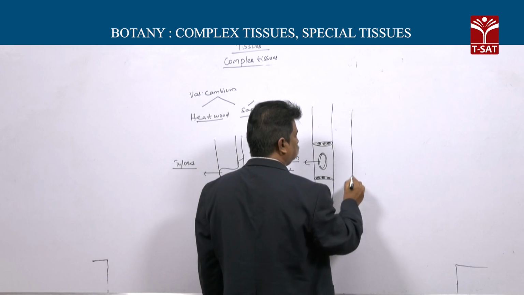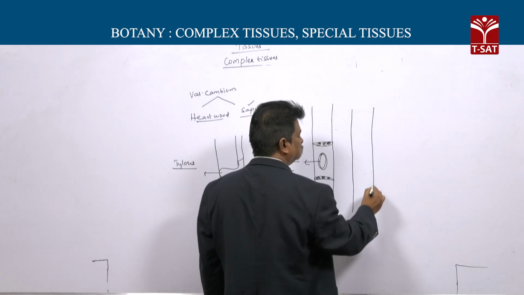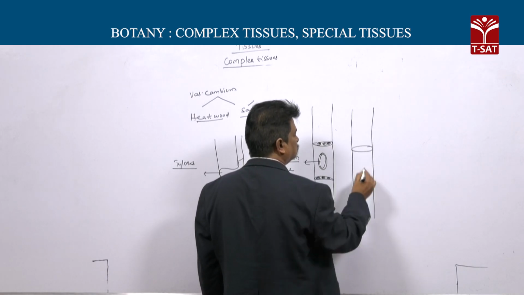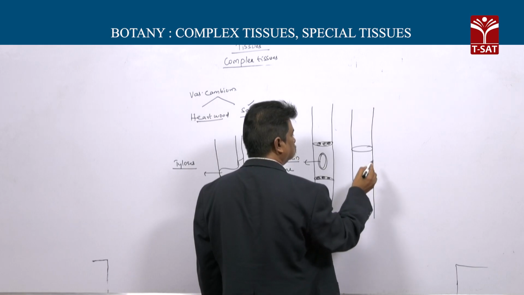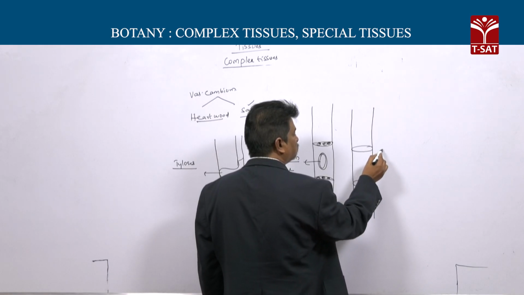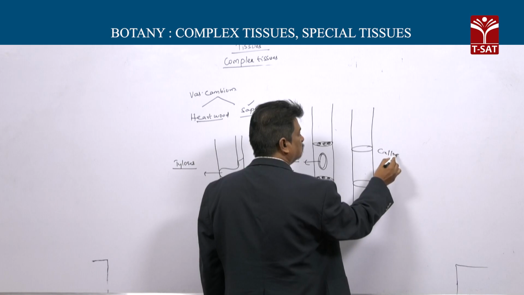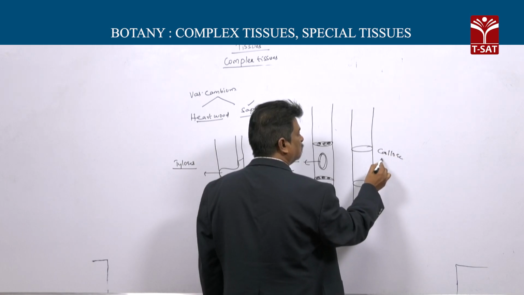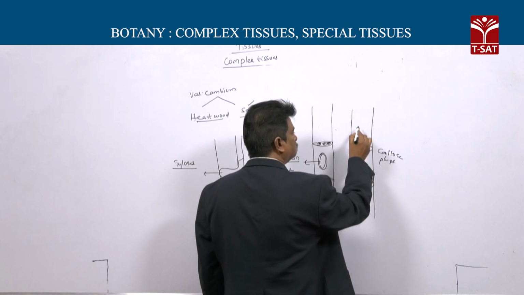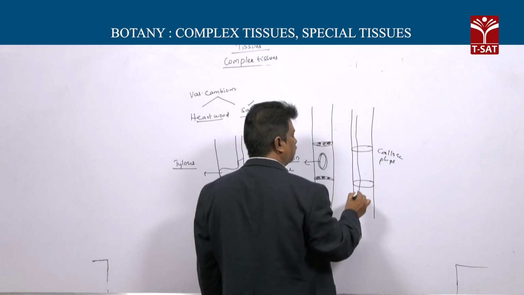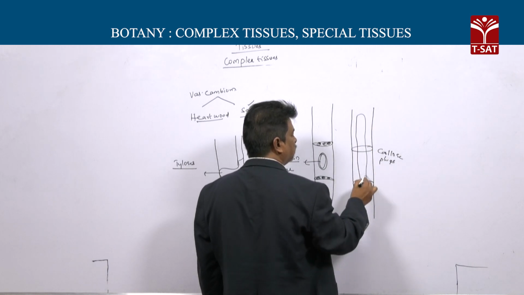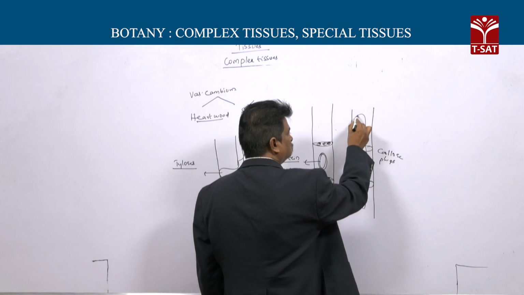Then old phloem. In old phloem, callose plugs are formed. Callose plugs means here adjacent sieve tubes are connected by cytoplasmic strands.